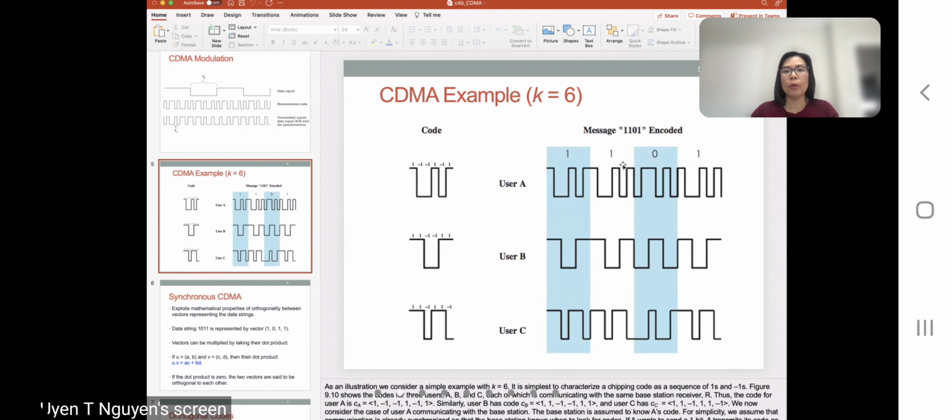In this example, we want to encode the message 1101. What we do here is we multiply. We assume that 1 is 1 and 0 is -1. If you think about it, when we encode binary digits in a real system, we don't have 0. Let's say for 1, it's a positive voltage, and for 0, it's a negative voltage.